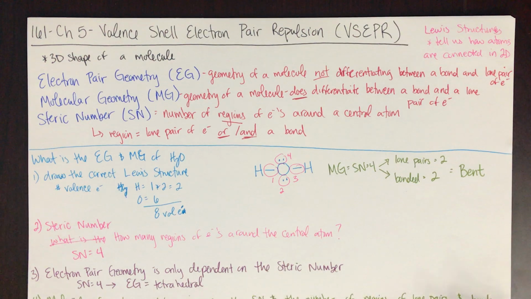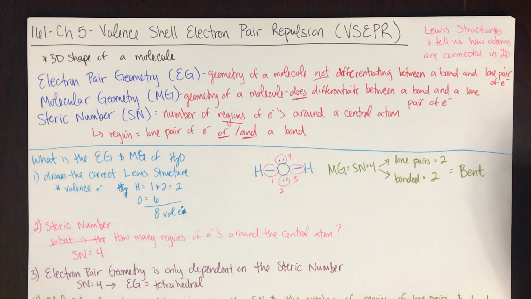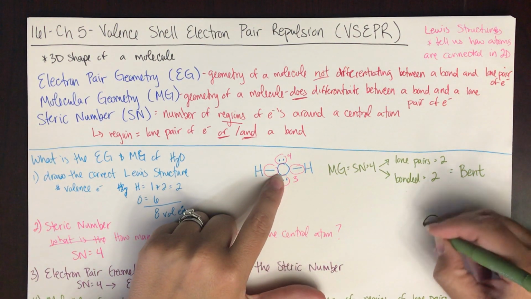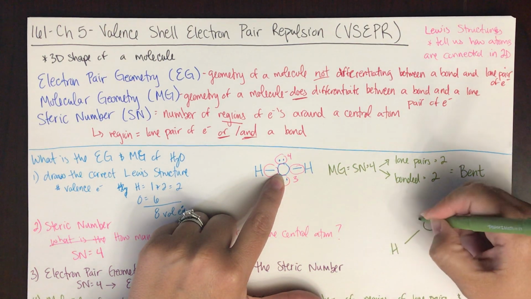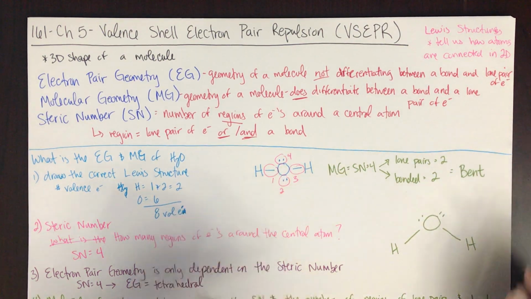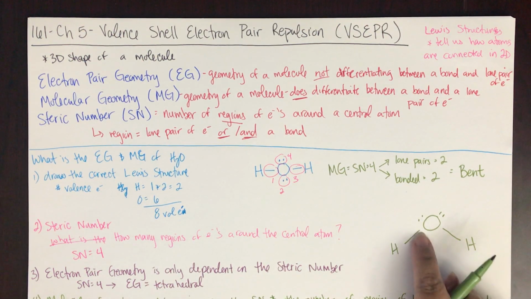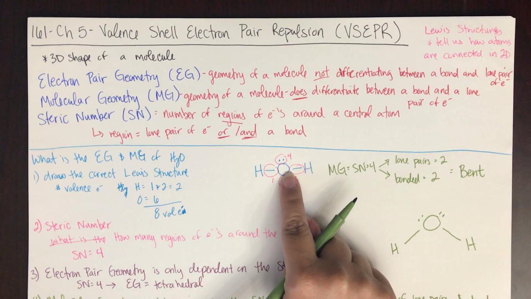And what that looks like when you draw it is the molecular geometry, the way that this molecule actually looks. It does not look like this. It looks like this. In 3 dimensions, it's bent. The angle of these bonds is not 180 degrees like it looks here in the Lewis structure.